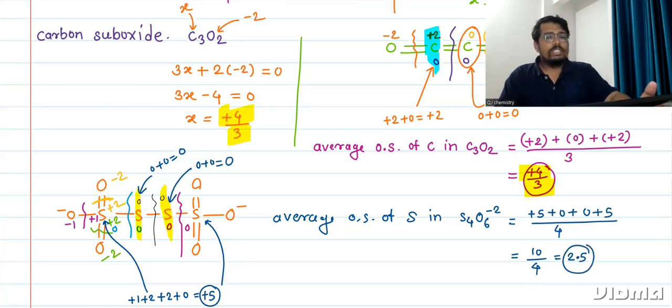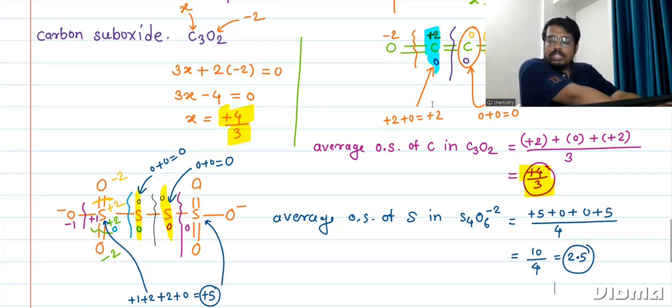So the average oxidation state of each sulfur atom in the tetrathionate ion is 2.5. Next example.